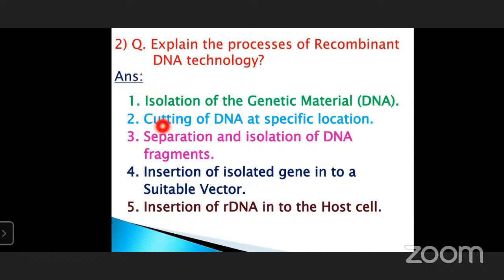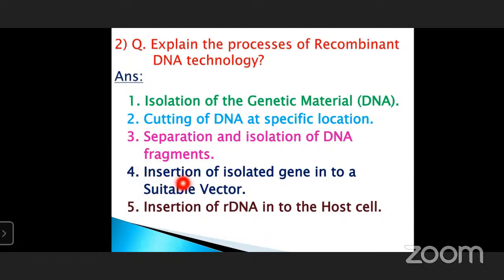When we observe the process, these are the major steps involved in rDNA technology. The first step is isolation of genetic material, nothing but DNA. The second step is cutting of the DNA at a specific location. The third step is separation and isolation of DNA fragments.